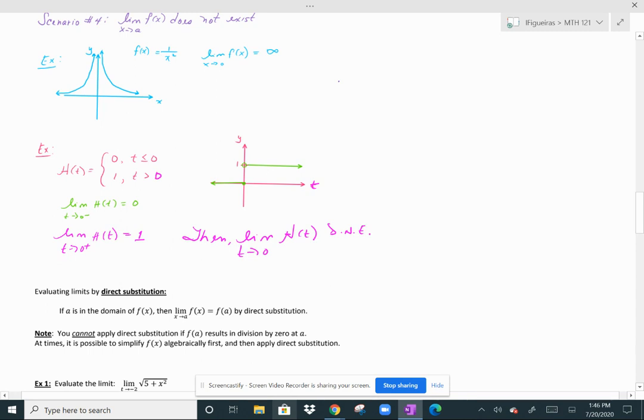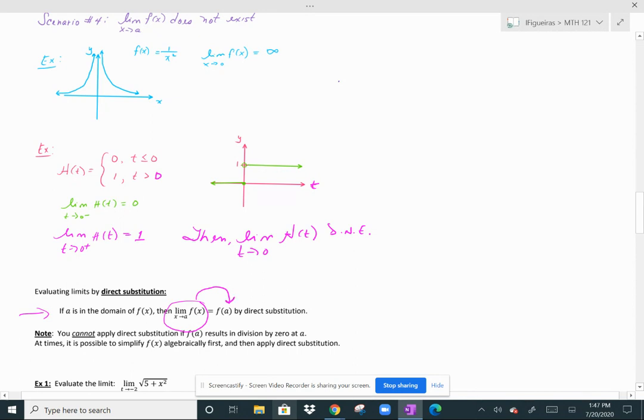All right, so a really convenient way to evaluate limits is by something called direct substitution. But you can't use it in every scenario. So when can you use direct substitution? If a is in the domain of f of x, and you want to evaluate the limit as x approaches a of f of x, that will just equal f of a.